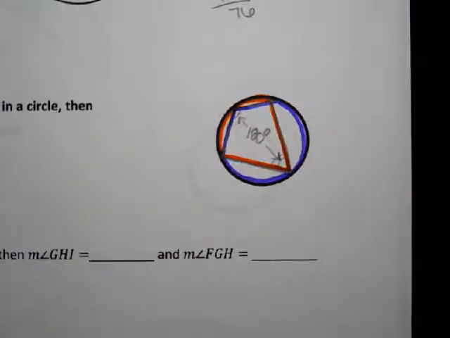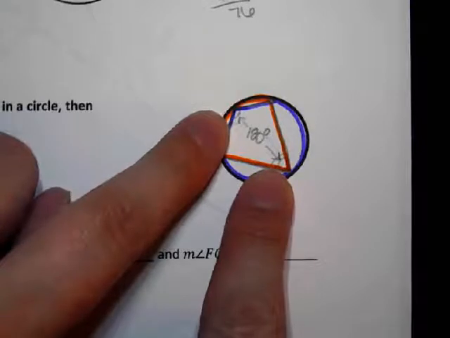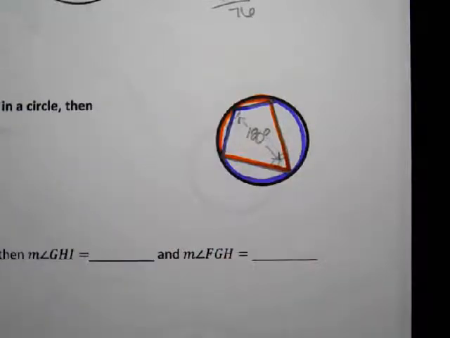Because their two arcs combined make the whole circle, which is 360 degrees, which means that their two angles combined have to make 180 degrees. That means that the two angles that are opposite of each other are considered to be supplementary. They are supplementary.